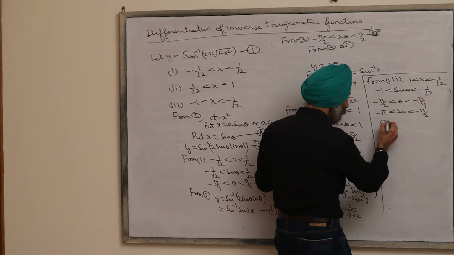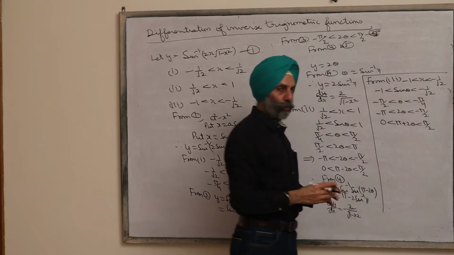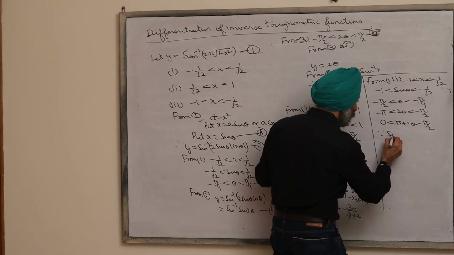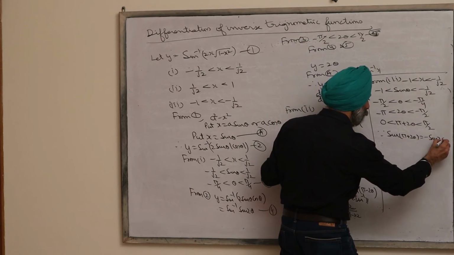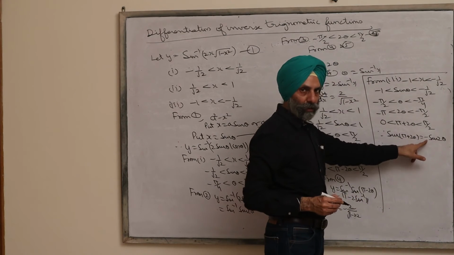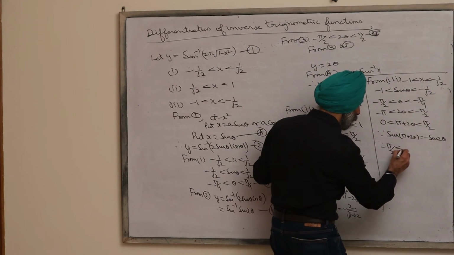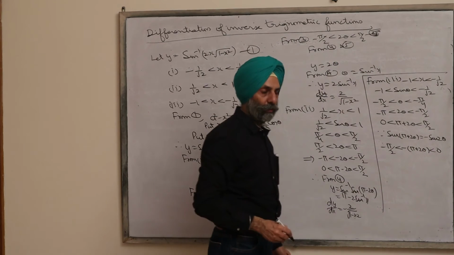So if I add pi to it, now it becomes 0 to pi by 2, although it belongs to the principal value branch, but sine of 180 plus 2 theta is equal to minus sine 2 theta. To absorb this negative sign, I can write this as minus pi by 2 is less than minus pi plus 2 theta is less than 0.